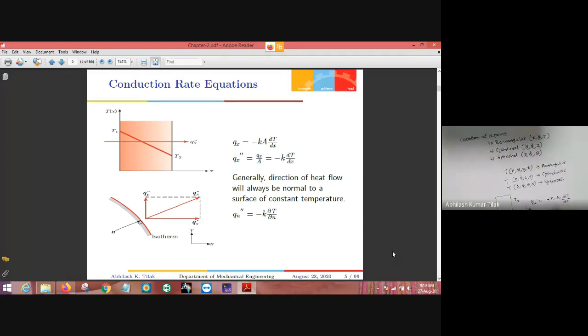This is the rate of heat transfer. I can also write this in terms of flux, that is q dot upon A, equal to minus k into dT by dx.